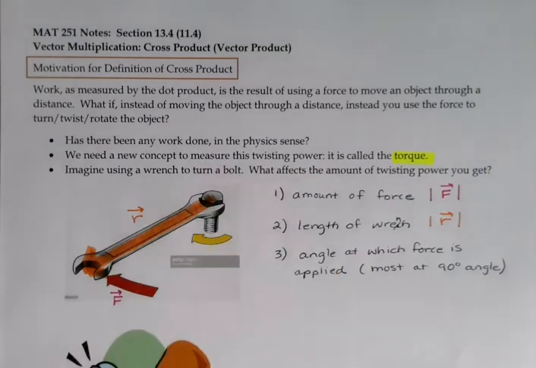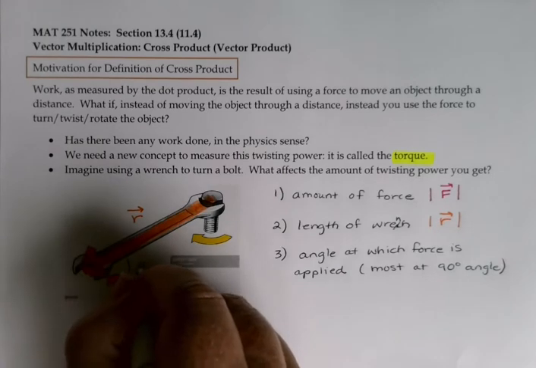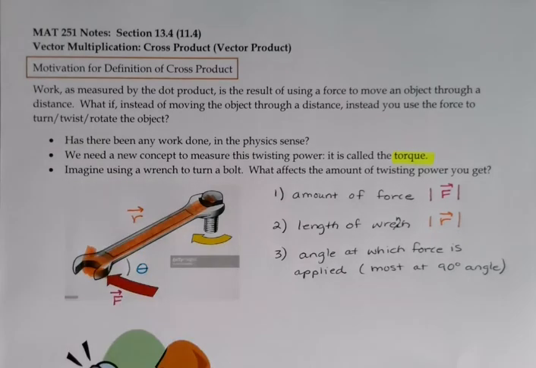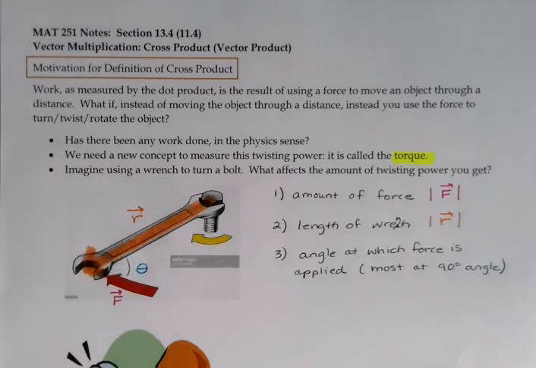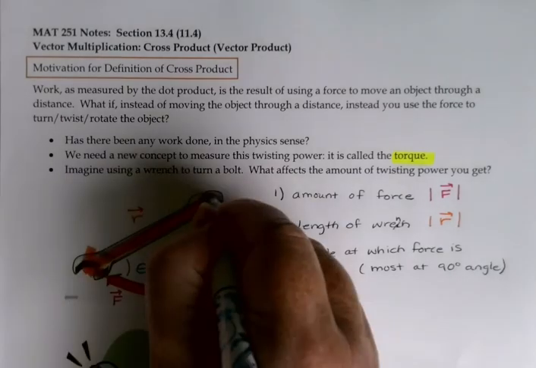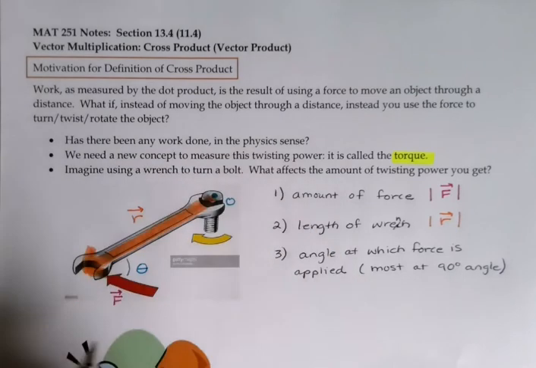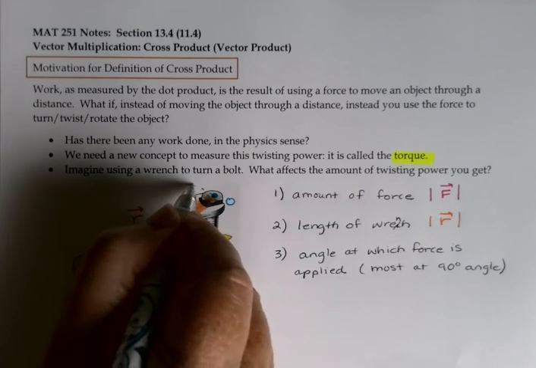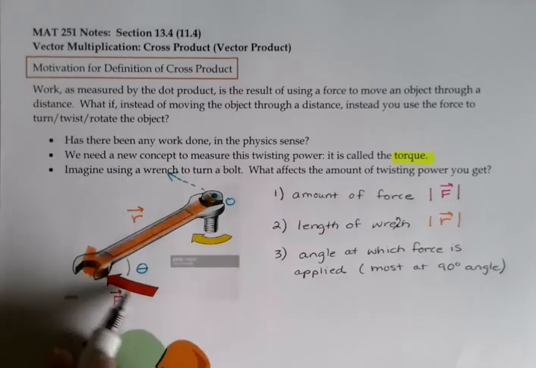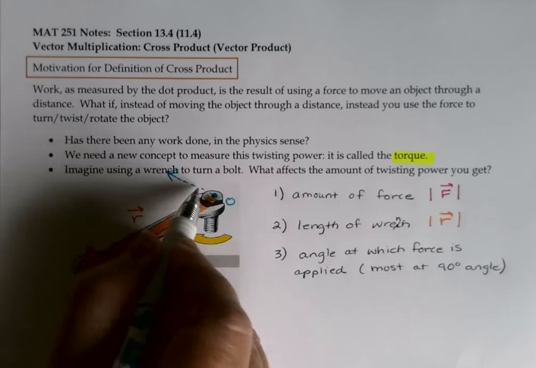Lastly, the angle at which the force is applied. So that would be the angle theta here. And I'm just going to mention that right now these two vectors are not together in standard position. If I assume that my origin is here at the bolt, you'd have to imagine taking this force vector and translating it over here to the origin.